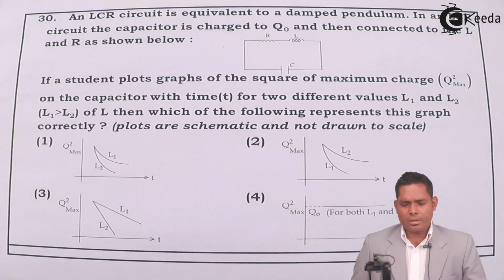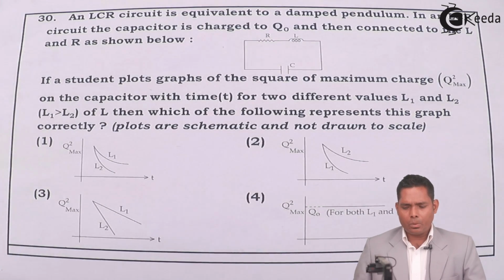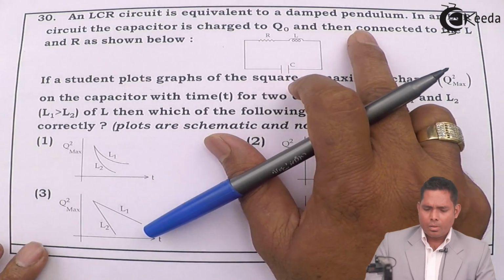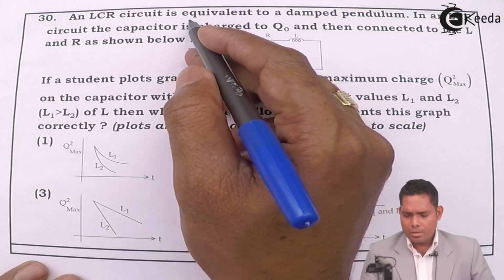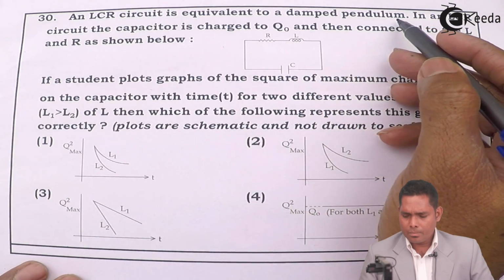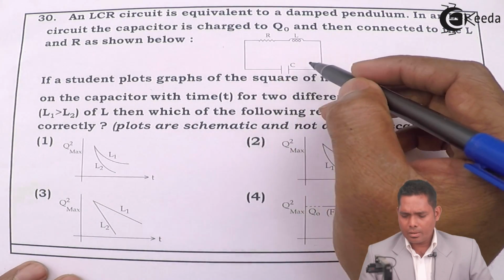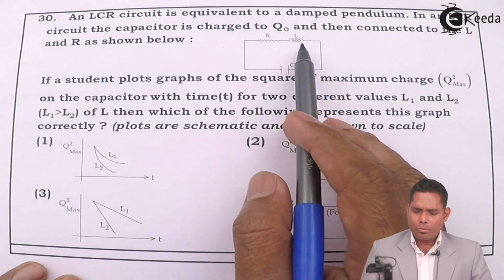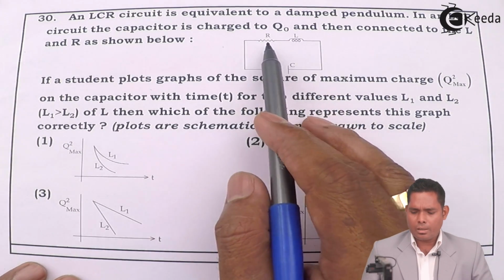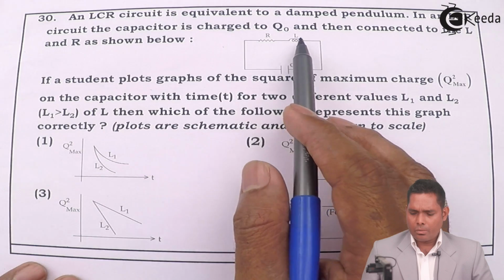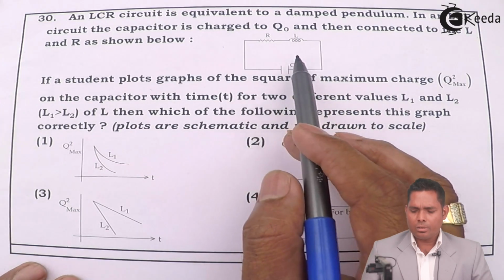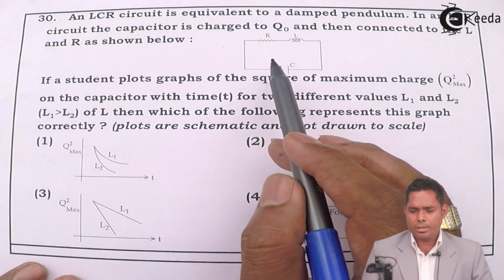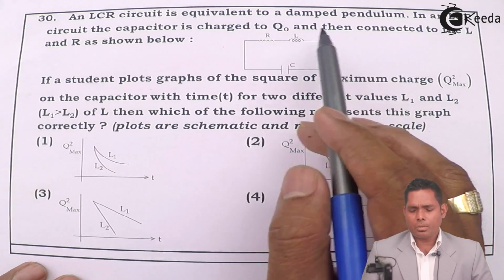An LCR circuit is equivalent to a damped pendulum. With L and R in the circuit, they perform oscillations like SHM, and the pendulum also performs SHM.